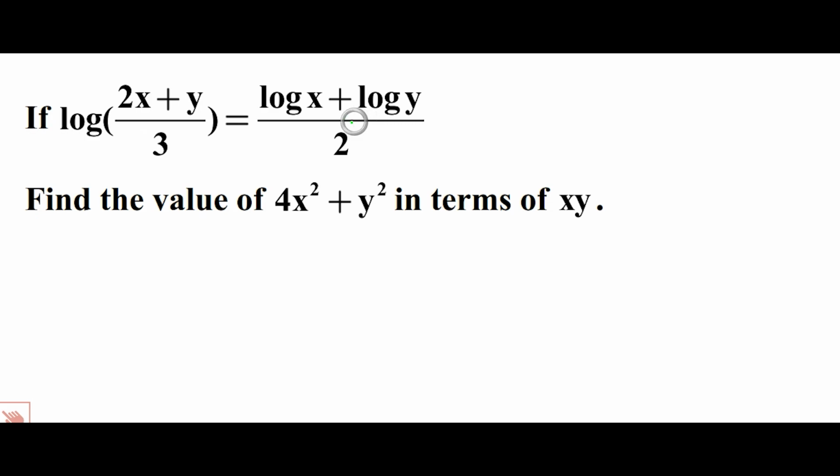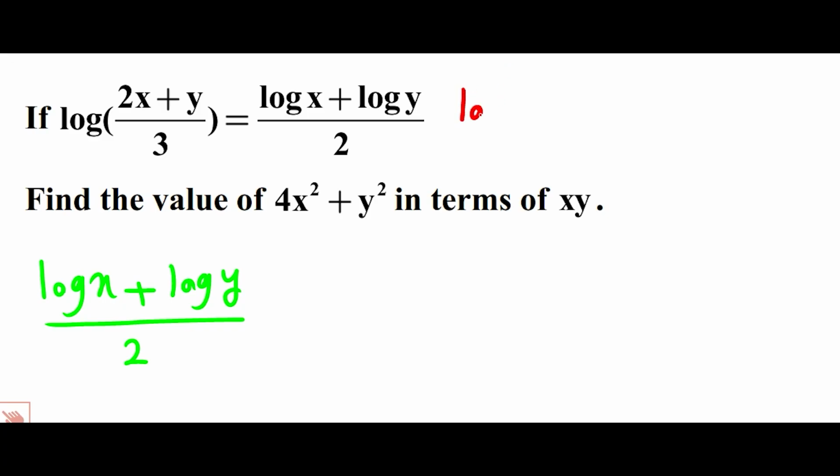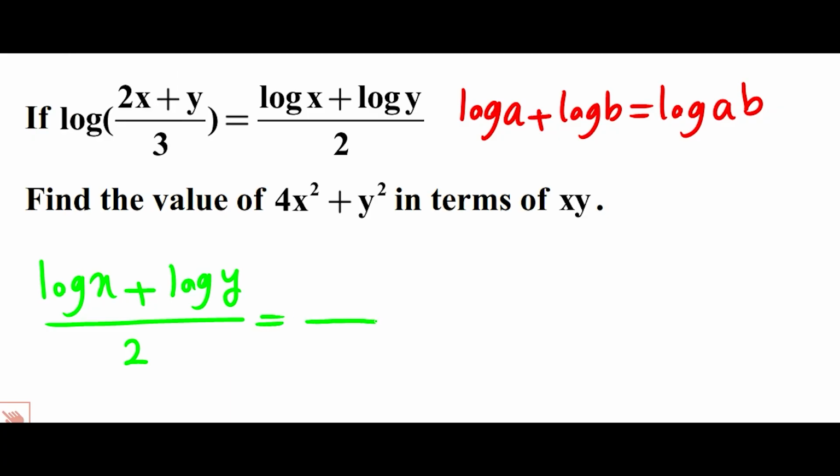First, look at the right hand side of our equation. It means log of x plus log of y, over 2. We know the product rule for logarithms, which says log of a plus log of b equals log of ab, right? So we have log of xy.